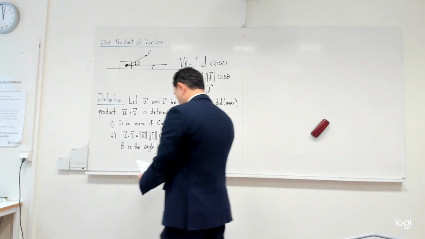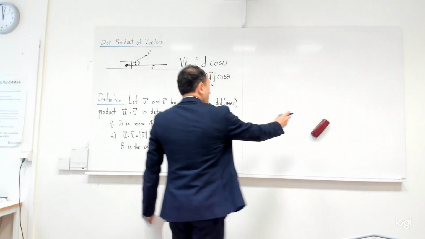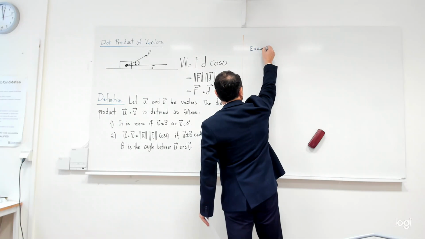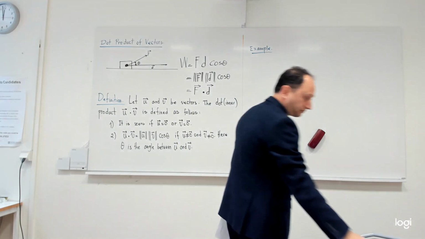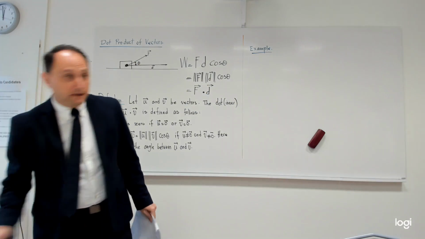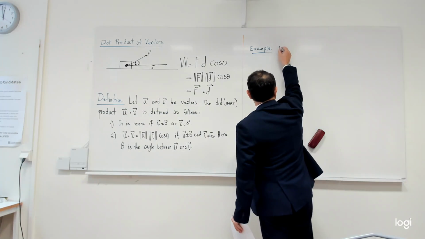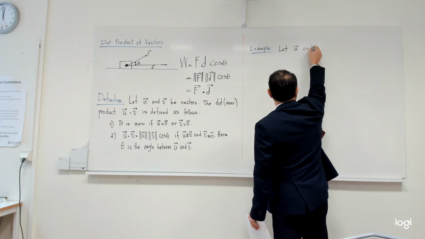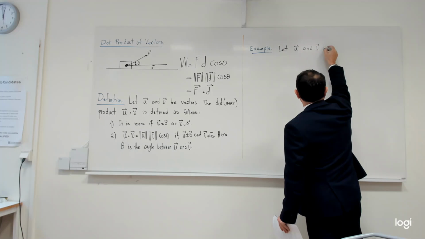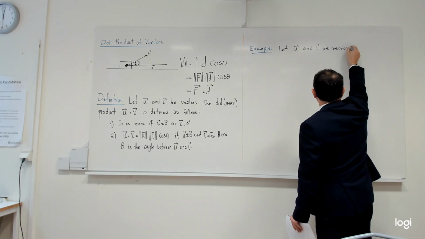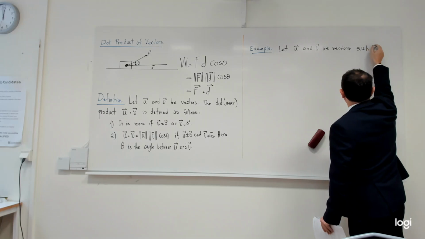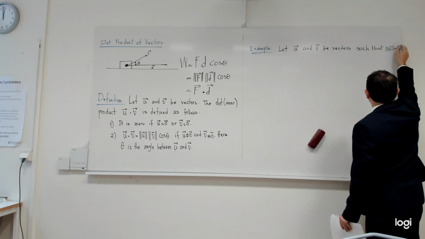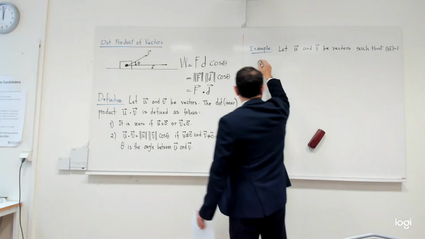So, a very simple example. Let u and v be vectors such that the norm of u is, say, 2 length units, whatever it is.